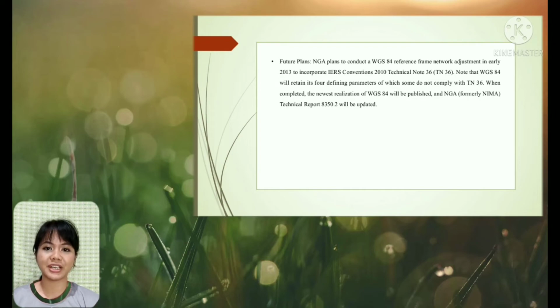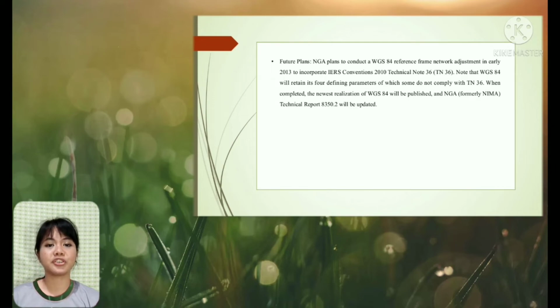Note that WGS84 will retain its 4 defining parameters, of which some do not comply with TN36. When completed, the newest realization of WGS84 will be published, and NGA, formerly NIMA, Technical Report 8350.2, will be updated.